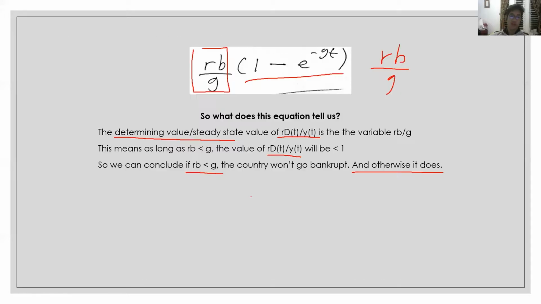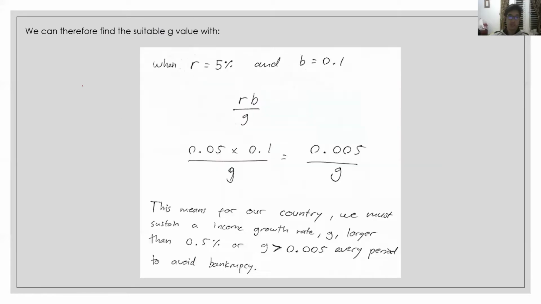So therefore, we can use this rule that we have obtained to find a suitable value of g. So when r equals 5% and b equals 0.1, rb over g is equal to 0.05 times 0.1, and it will become 0.005 over g.